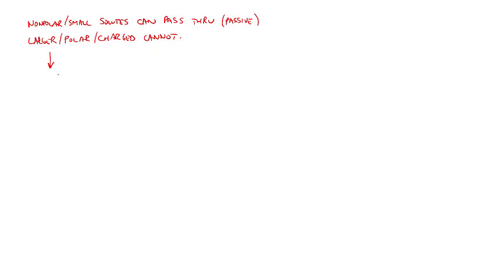Okay, but regardless of which type of solute you have, whether it can pass straight through the bilayer or not, it will only flow across the bilayer in the direction that is spontaneous.